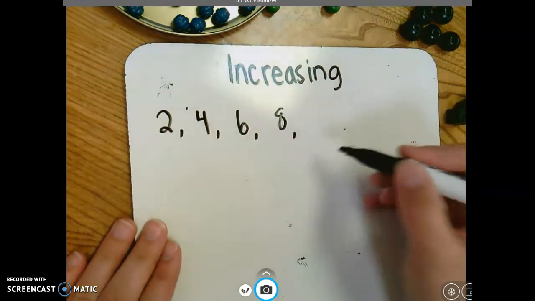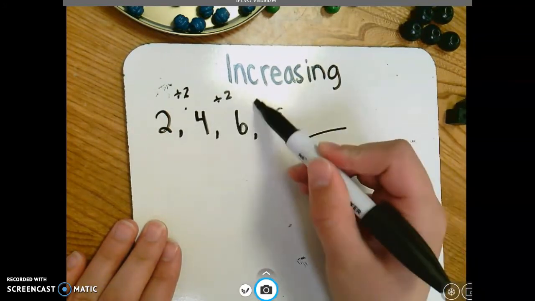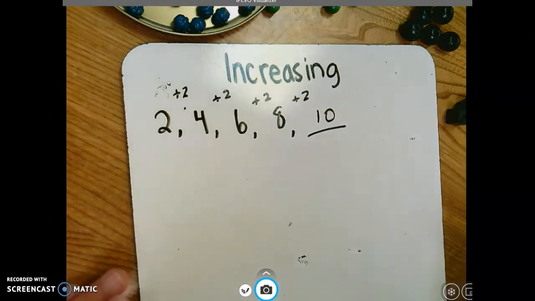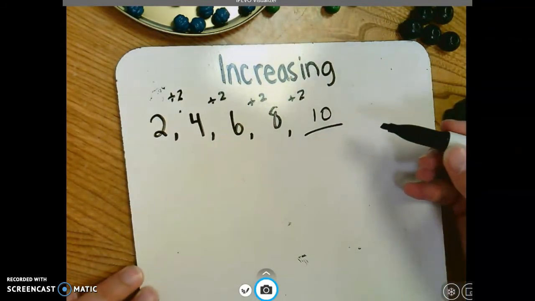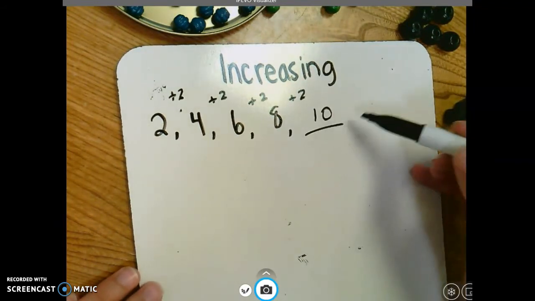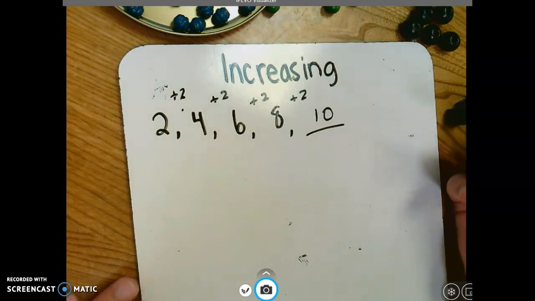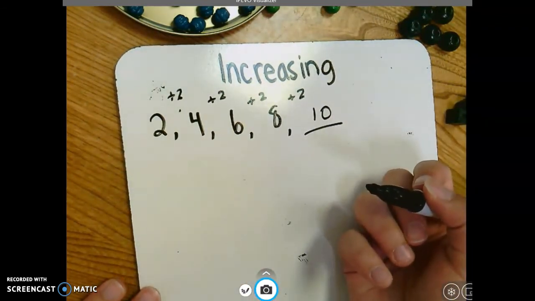We can figure out what's going to come next because we know that this is plus 2, plus 2, plus 2. So plus 2 more would be 10. So when we're skip counting, and we teach skip counting in grade 1 and grade 2, that's part of an increasing pattern that we're teaching. We could do this. This one would be a little bit more complex.